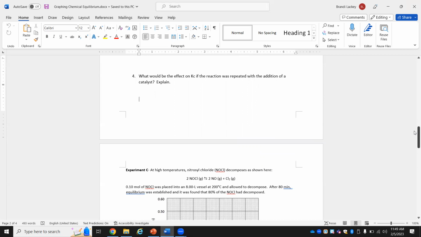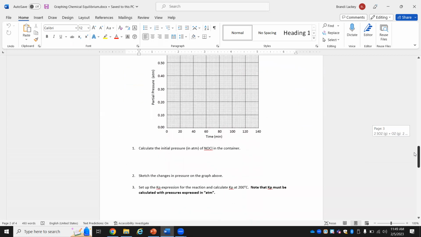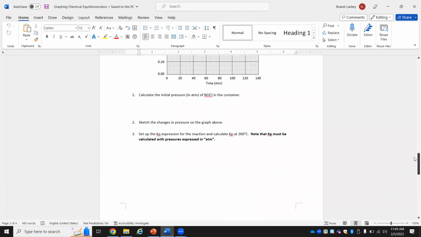So 2NOCl making 2NO and then Cl2. Just that way we don't have to scroll back and forth. All right, so that is the reaction that was before.